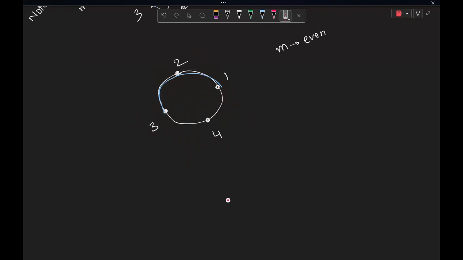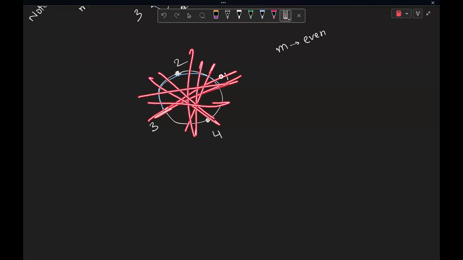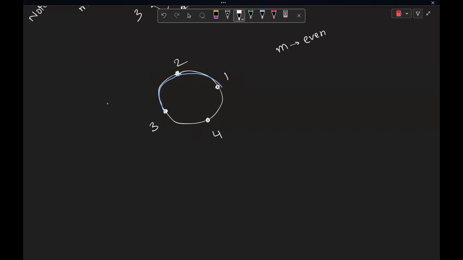Why is that so? Because this flavor actually has half of the circle covered. And since I cannot choose this diameter, whatever other diameter I choose would definitely cut this flavor.